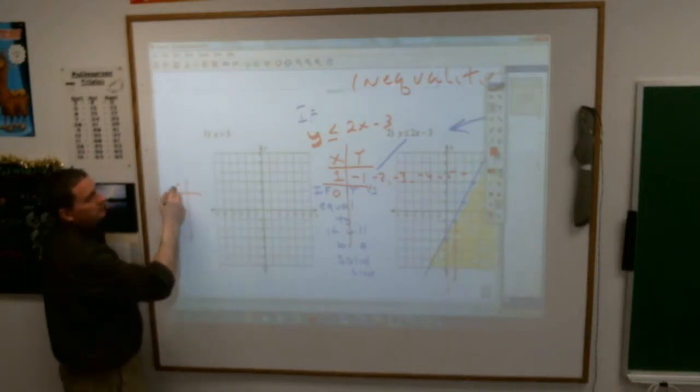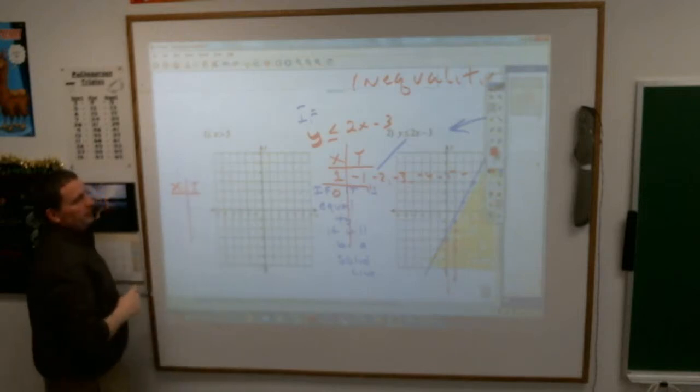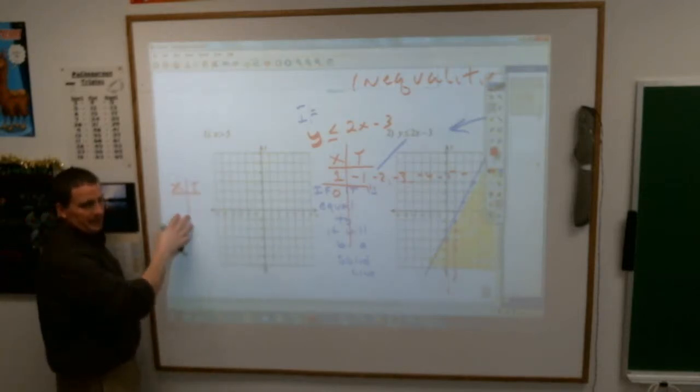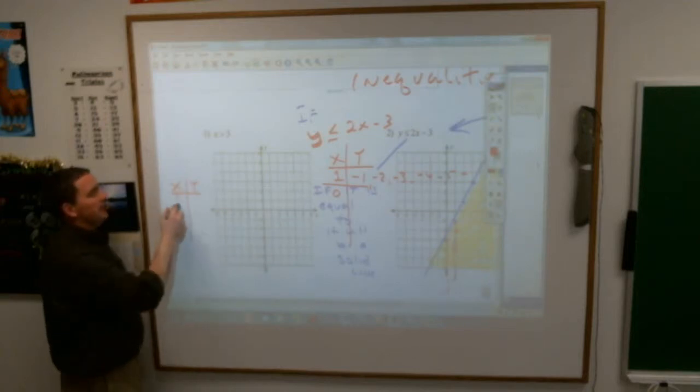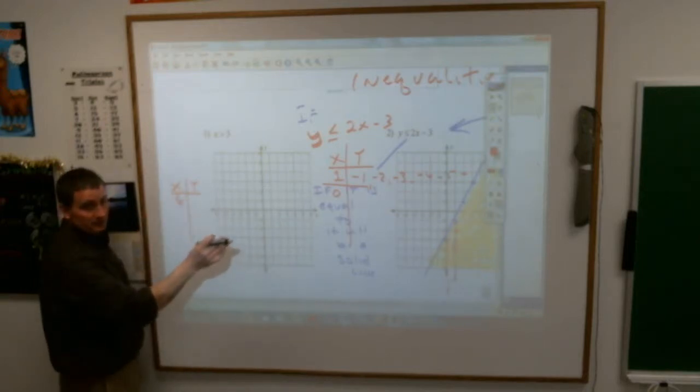If I make a table, it doesn't matter what y is, x always has to be greater than 5. So I can put any number for x as long as it's greater than 5. Give me a number greater than 5. 6, and then y can be anything, so give me any number. 24.